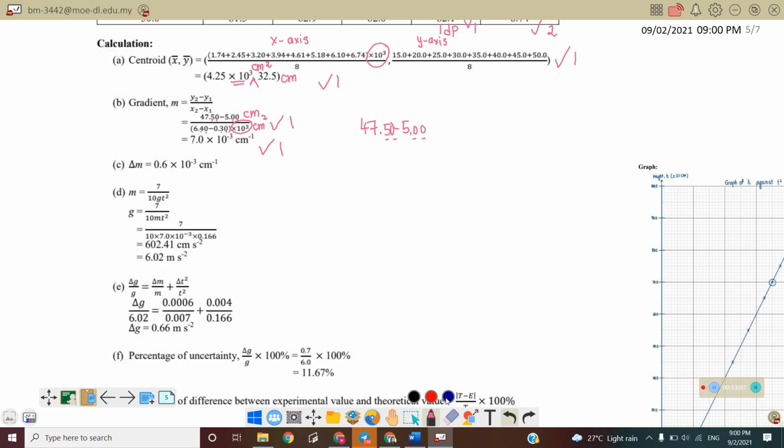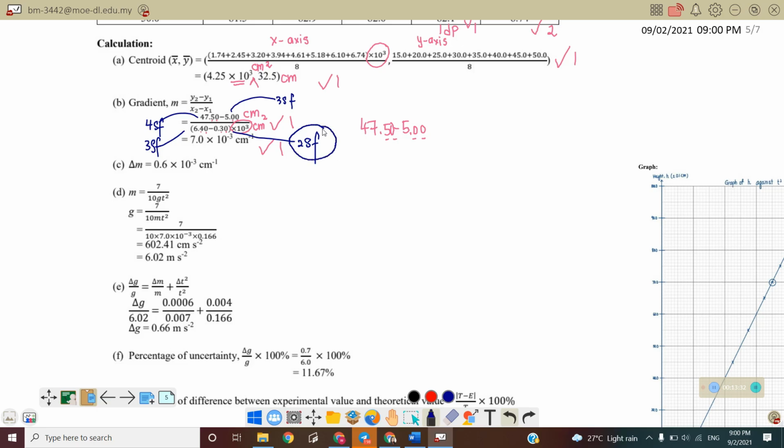Okay, now we refer back to the significant figures. How many significant figures can we write? For 47.5 here we have 3 significant figures. 5.00 is 3 significant figures. 6.40 is 3 significant figures. And then 0.30 is 2 significant figures.